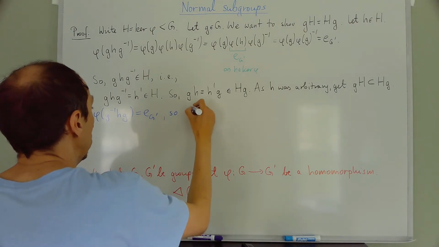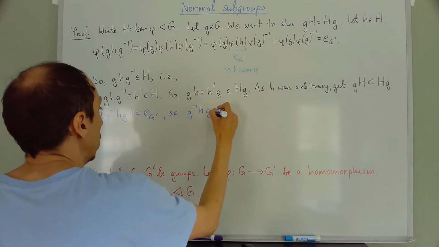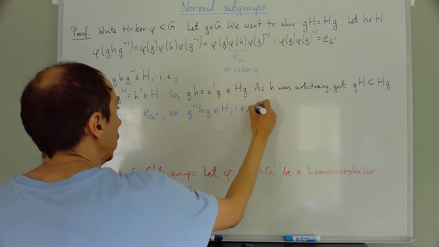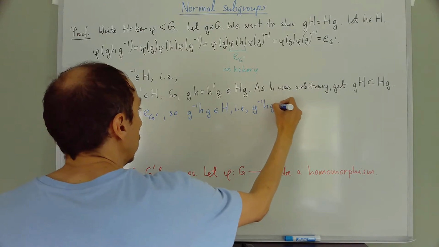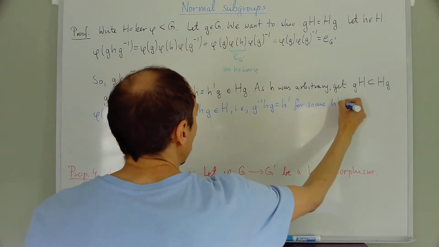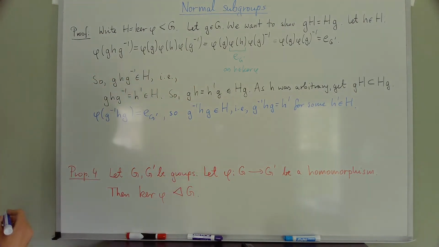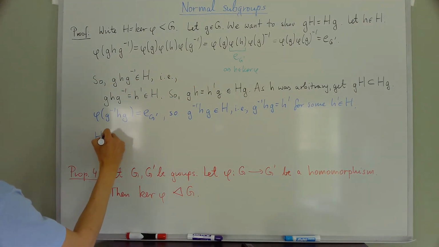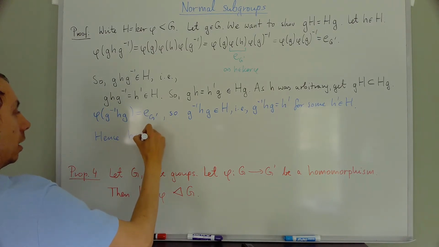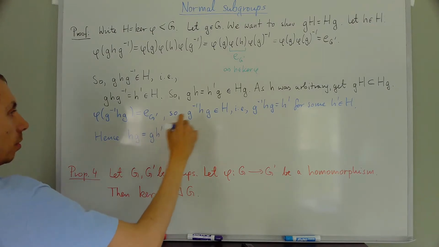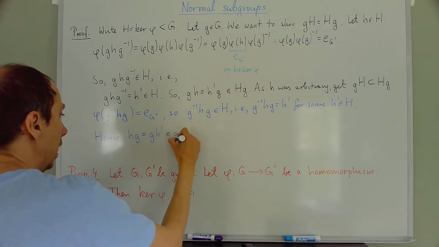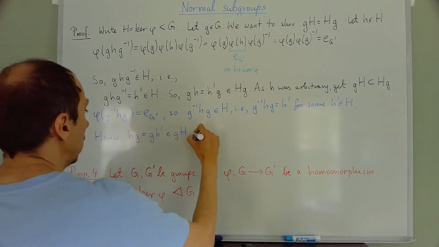So g inverse h g belongs to H, i.e., g inverse h g is equal to h' for some h' in H. Hence, hg is equal to g h', multiplying on the left by g. And this belongs to gH.